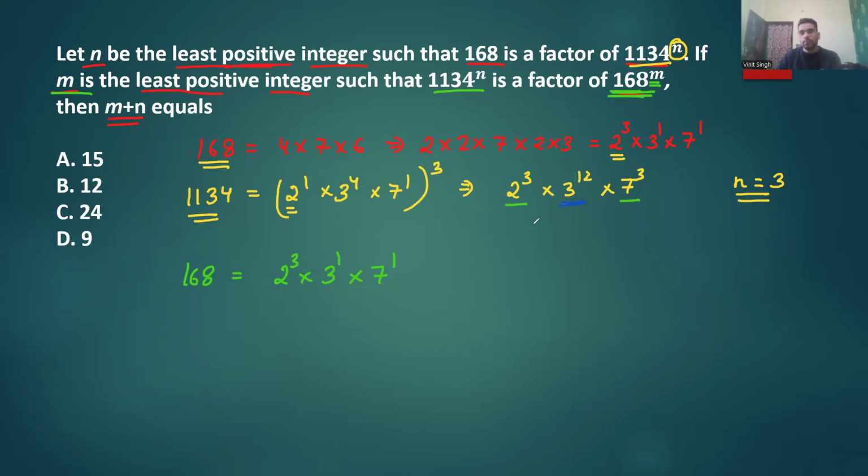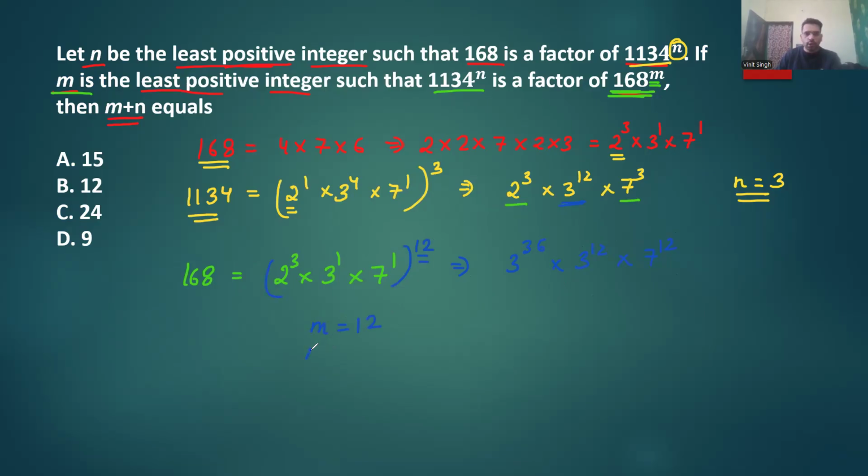So the minimum number needed is m equal to 12. Now we can write it in the form of 2 power 36 into 3 power 12 and 7 power 12. So here m is equal to 12.